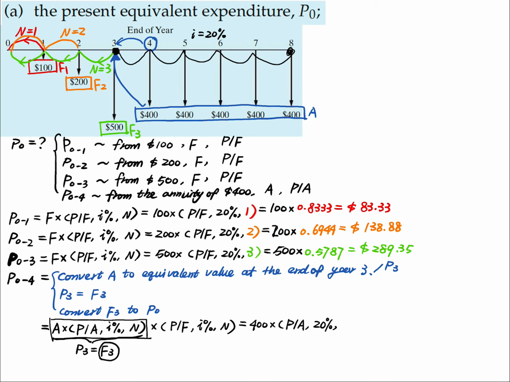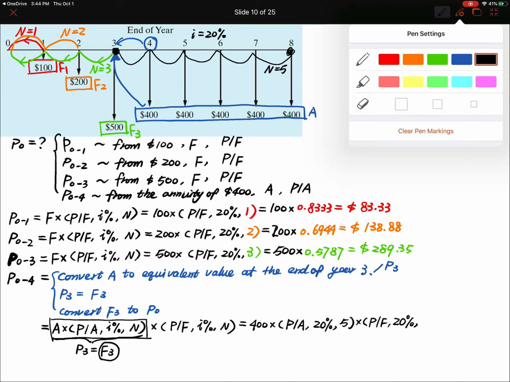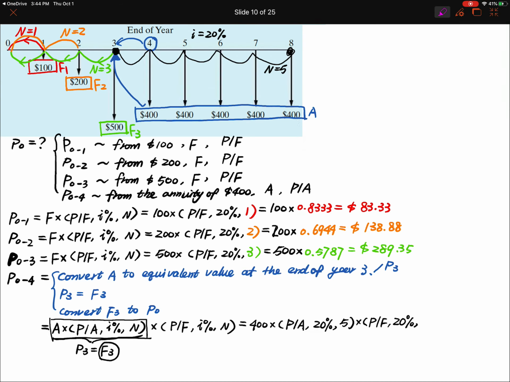So it's 1 time, 2, 3, 4, 5. So for this annuity problem, the n is 5. Okay, so here is 5. And another factor will help you jump from some future value at year 3 to year 0. So what is the time? What is the n?